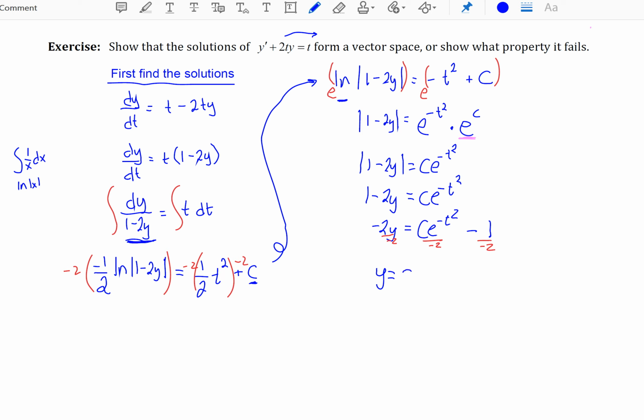So I'll write this as c e to the -t squared minus 1/2. This is the general solution to our differential equation.